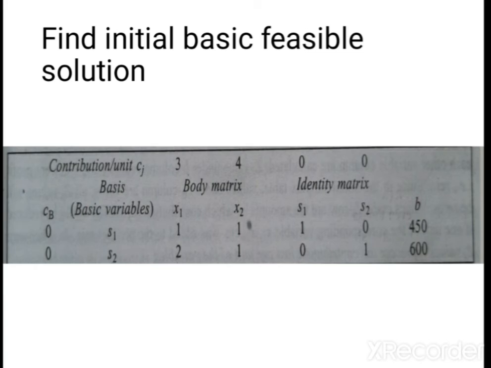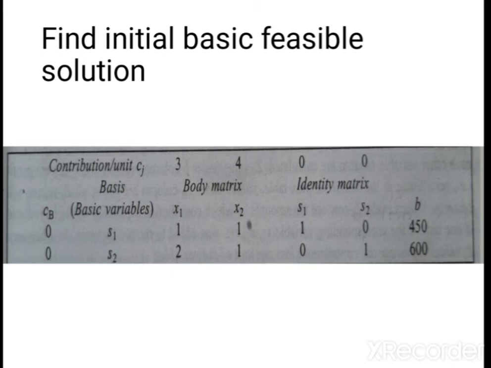These coefficients represent the amount of resource required to make a unit of product. For example, the 1 under the x1 column and the 1 under the x2 column in the S1 row represent the time required on machine M1.